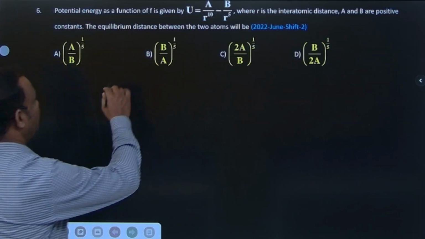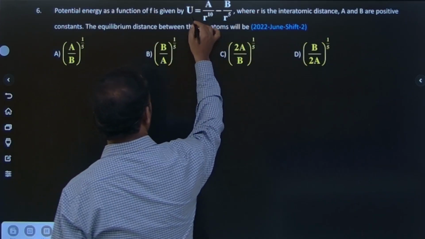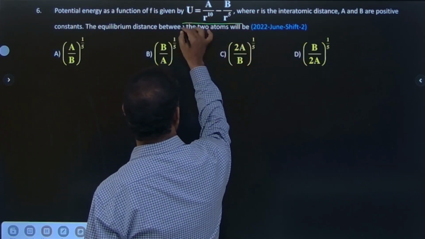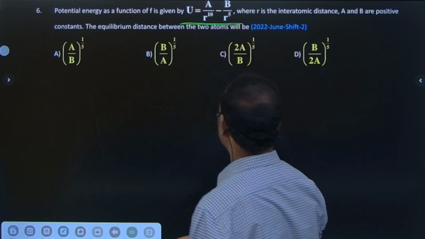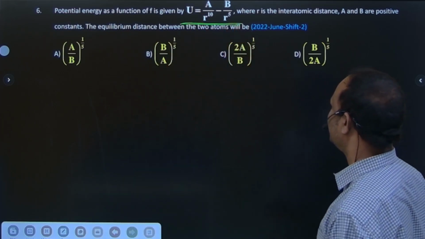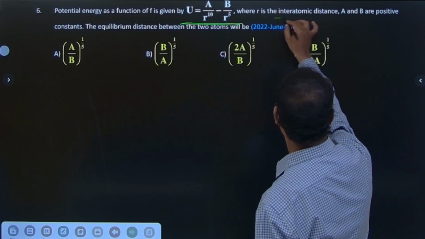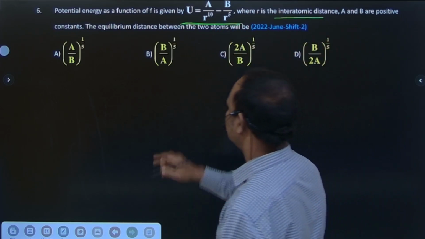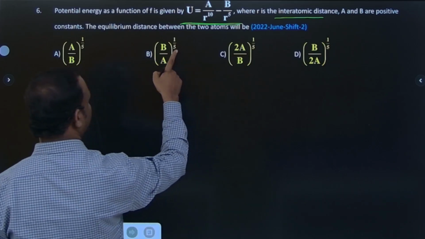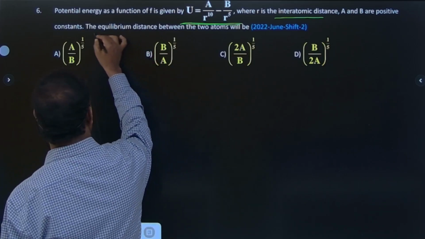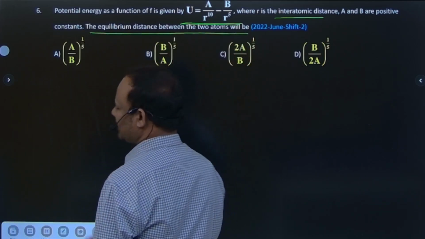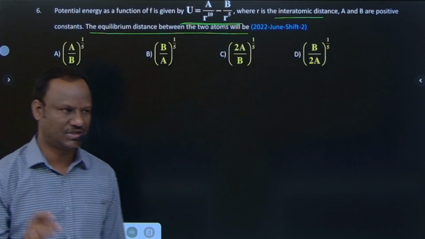Potential energy as a function is given by U equals A by R to the power of 10 minus B by R to the power of 5, where R is the interatomic distance, and A and B are constants. The equilibrium distance between the two atoms is, this is completely based on differentiation.